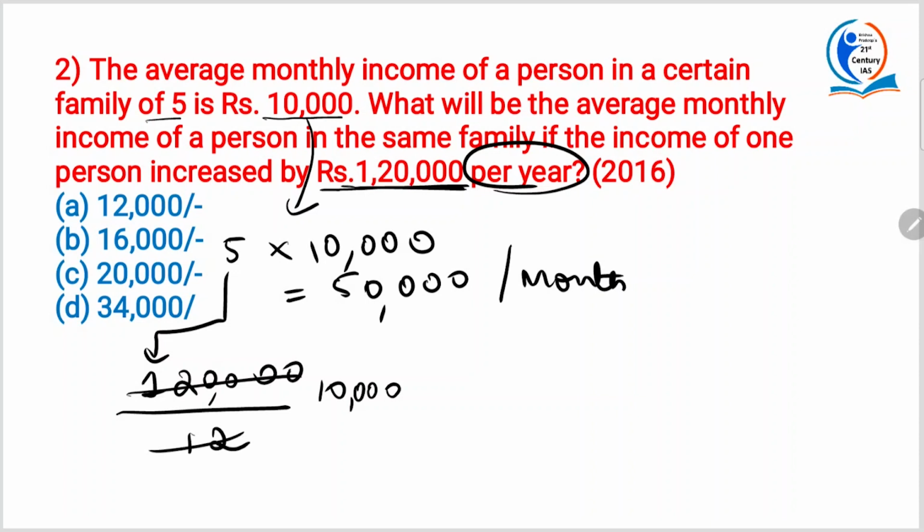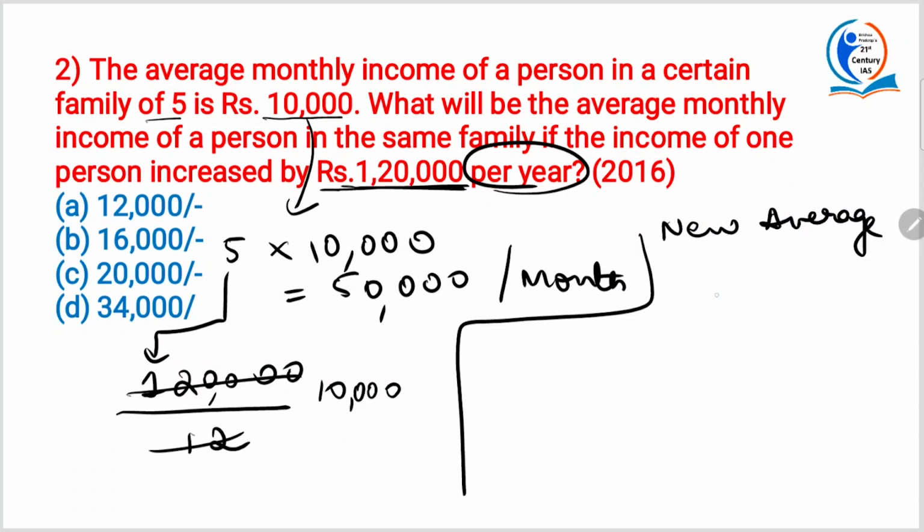So out of 5 people, one fellow is getting extra 10,000 every month. So what is the new average? New average is equal to new sum of salaries by total number.